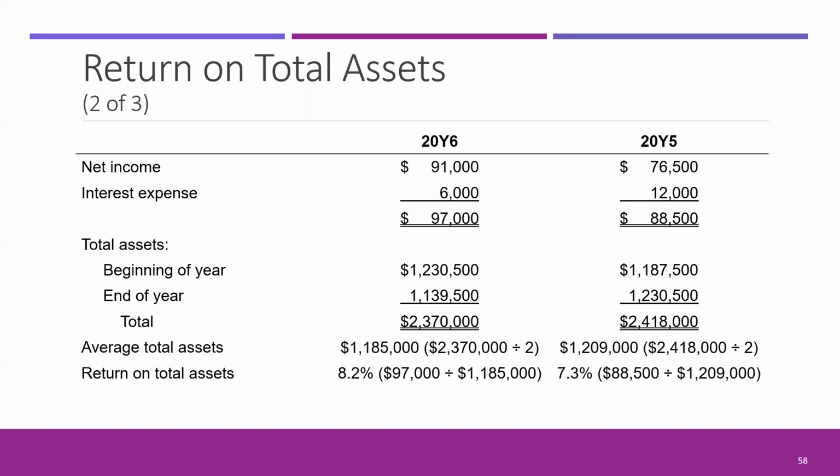So note how net income before interest expense increased by about 10,000 and then total assets decreased. And so that both contributed to increasing return on assets.